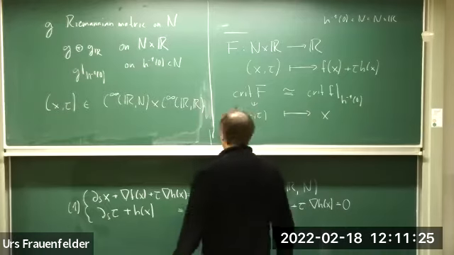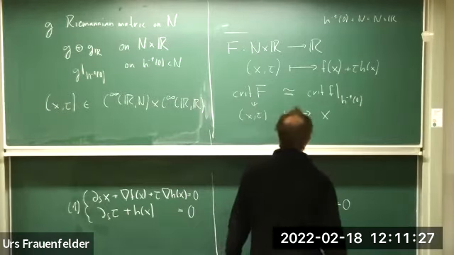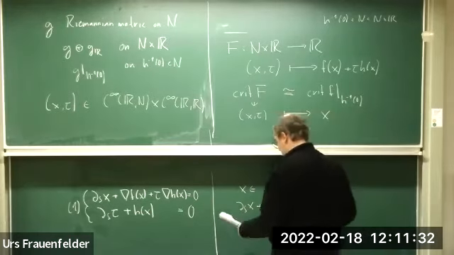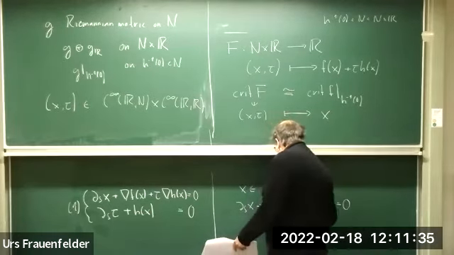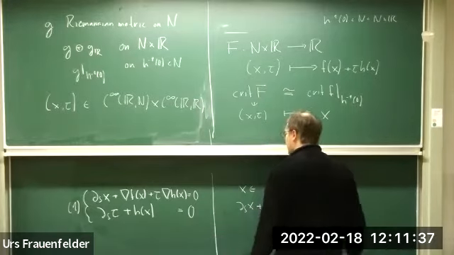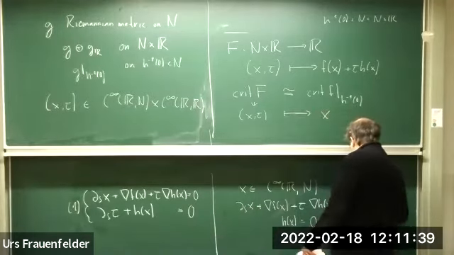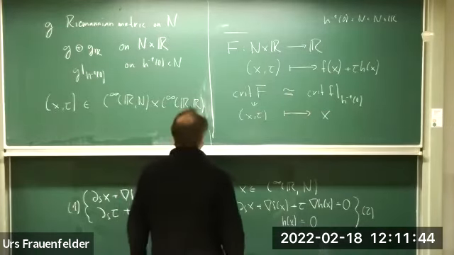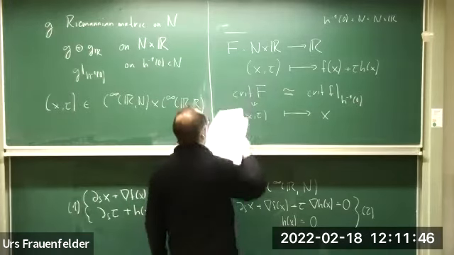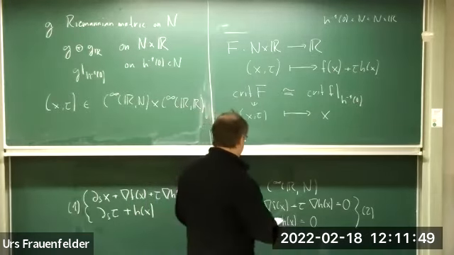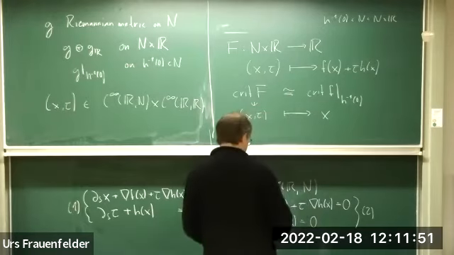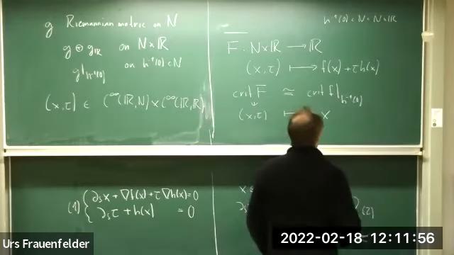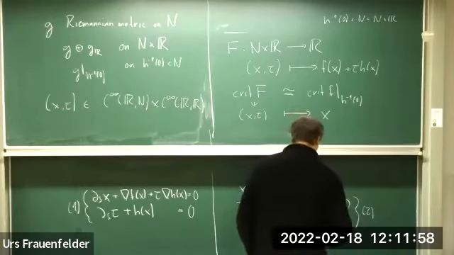But then for the second equation, we are on H inverse of 0. So our second equation is h(x) equals 0. So this here is the gradient flow equation for the Lagrange multiplier functional, where little x is the gradient flow equation for the restriction of f to the constraint.